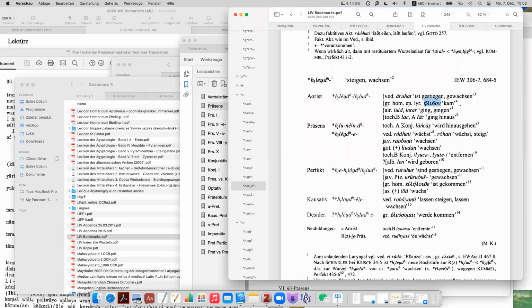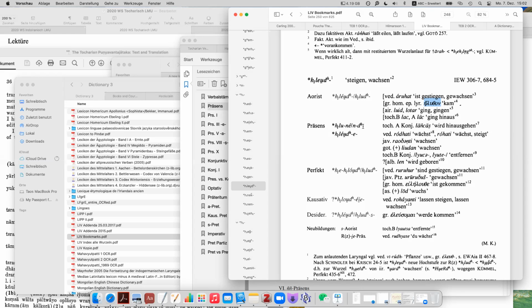Okay, and the nasal form is preserved in subjunctive, and the simple aorist. So this is actually a root aorist. It's preserved in Greek, in Vedic, and also in Old Irish, and also in Tocharische. So it's root aorist. Yeah, it's preserved here.